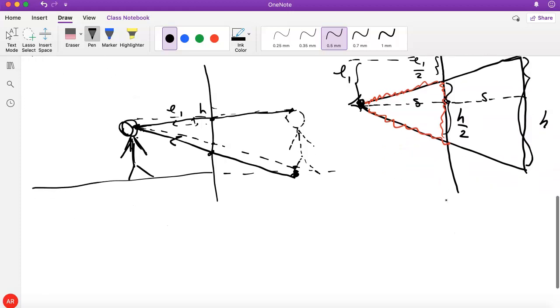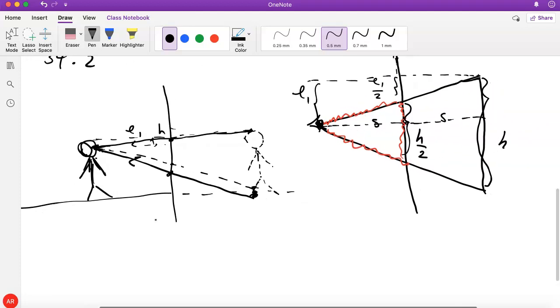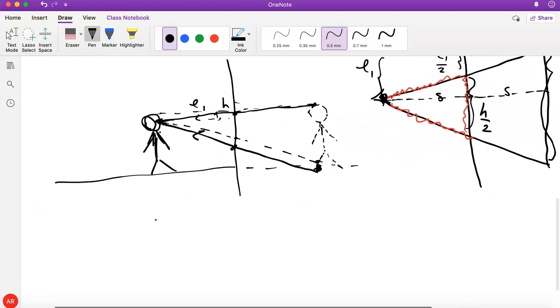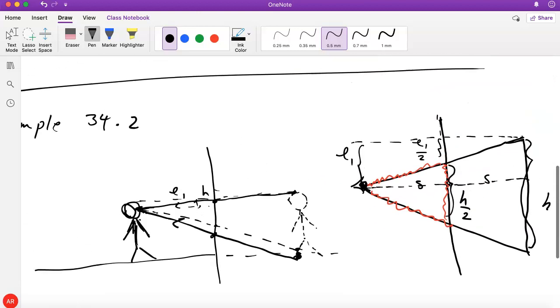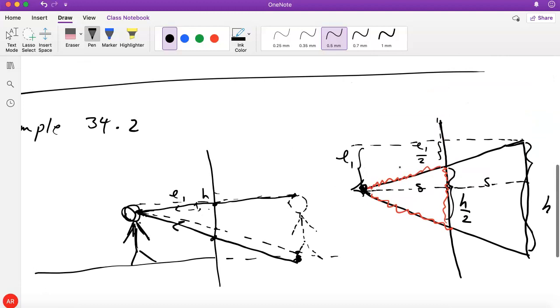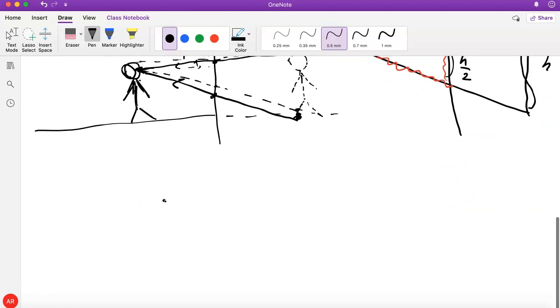You can also think about just the law of reflection without directly thinking about the image. So one way to do that is, let's say, consider again this. So let's say that's top of head, and this is the eye.